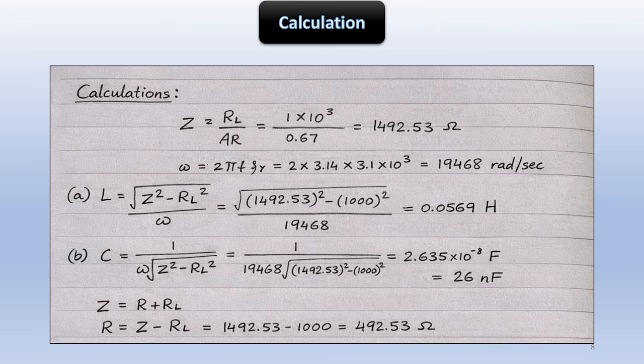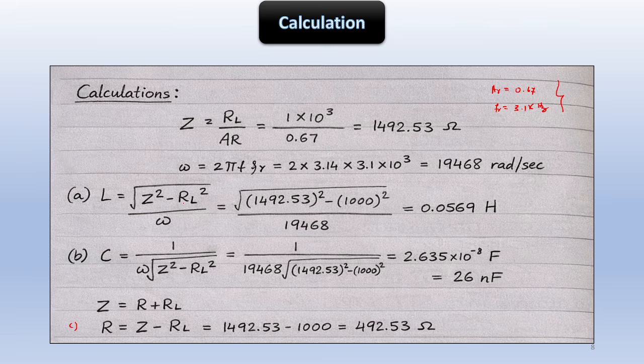So here you have to calculate four parameters: the impedance, inductor, capacitor, and also the resistor. RL is given in the instrument itself, it is 1 kilohertz. AR you get from the graph. Let us assume the AR value is 0.67 and the FR value is 3.1 kilohertz. Using these from the graph, you have to calculate all these parameters.